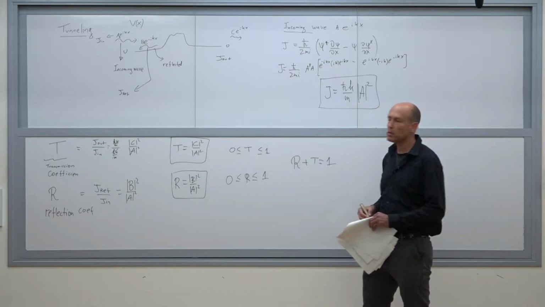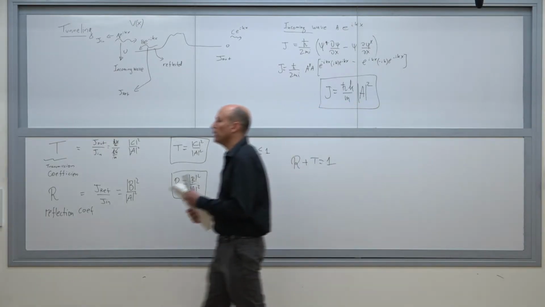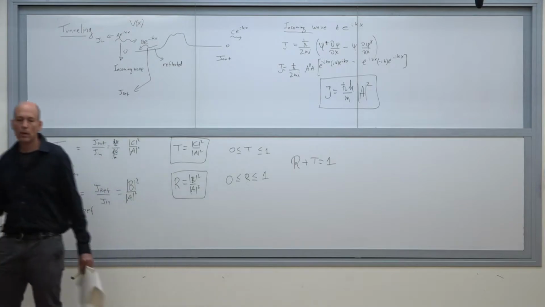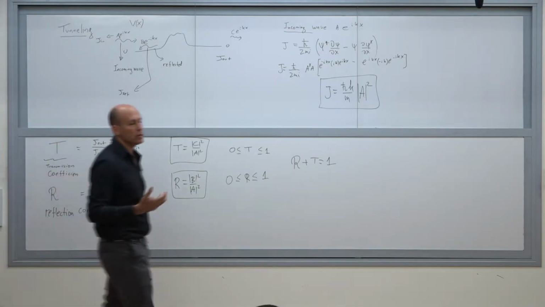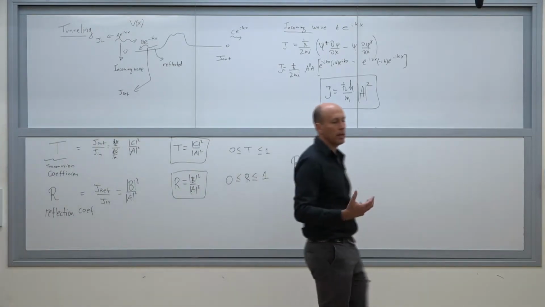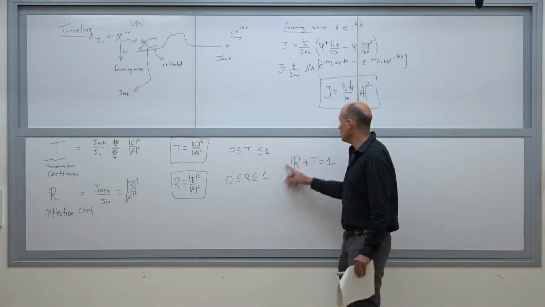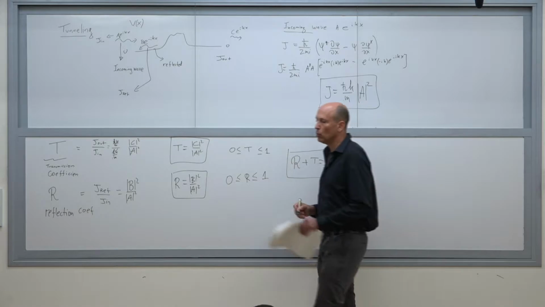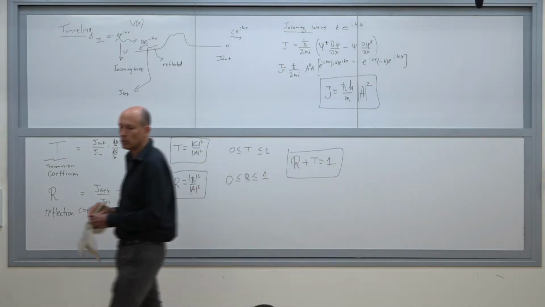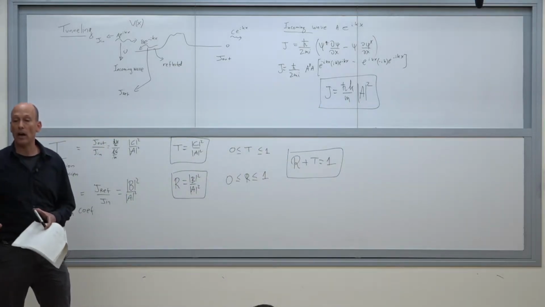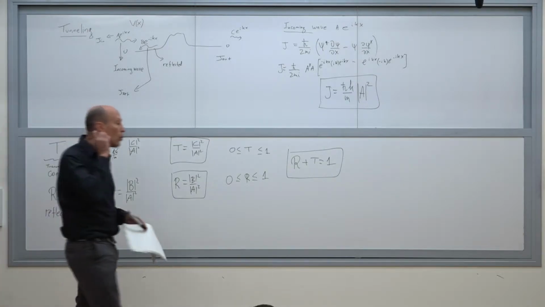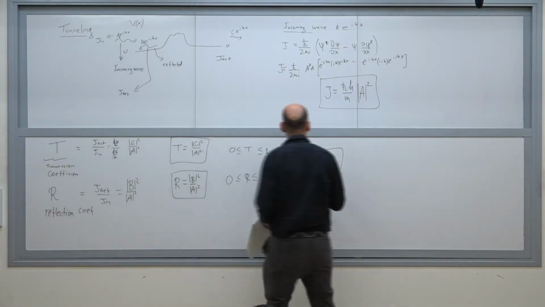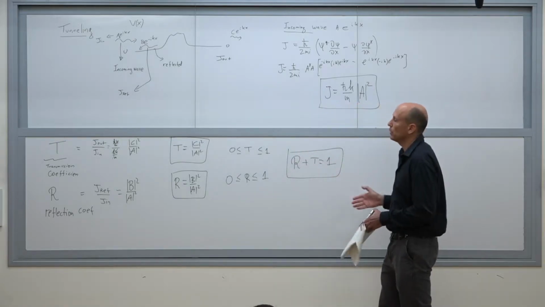So this means that the total probability of being transmitted is simply 1 minus the total probability of being reflected. I'm not proving this. You can do it for the example that I calculate today. You can simply calculate R. We will calculate only T. And then you can check this, and you can prove it very generally also.